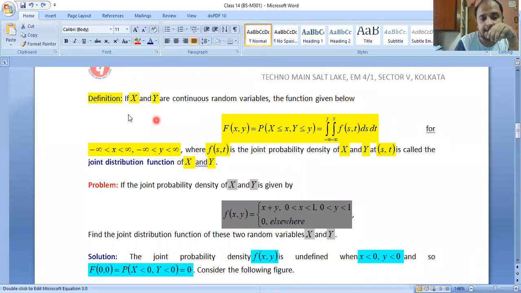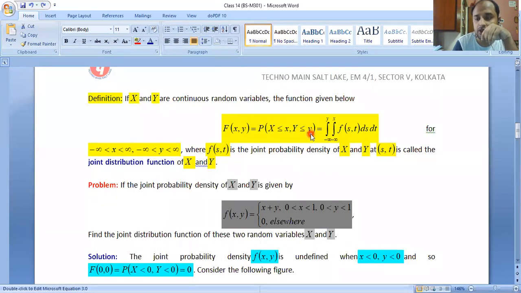The definition says, if capital X comma Y are continuous random variables, the function given below, the same old form, capital F of x comma y, is the probability that capital X will take values lesser than or equal to x and capital Y will take values lesser than or equal to y, jointly.